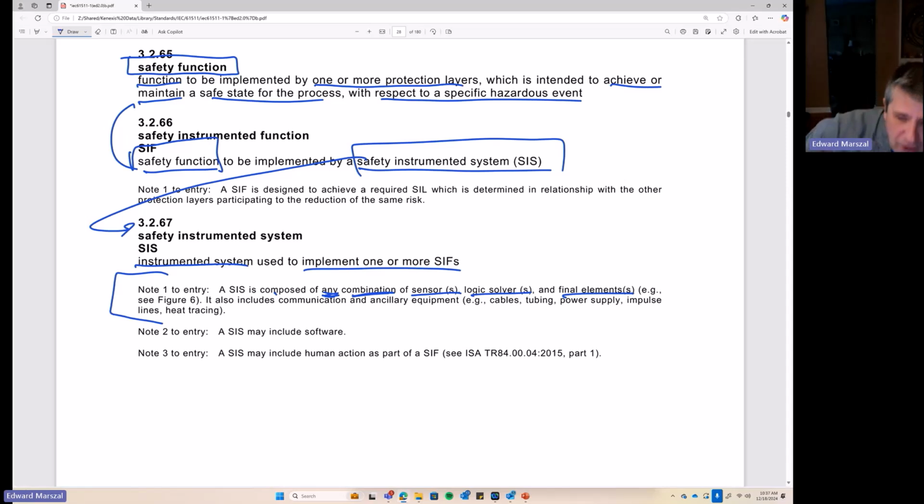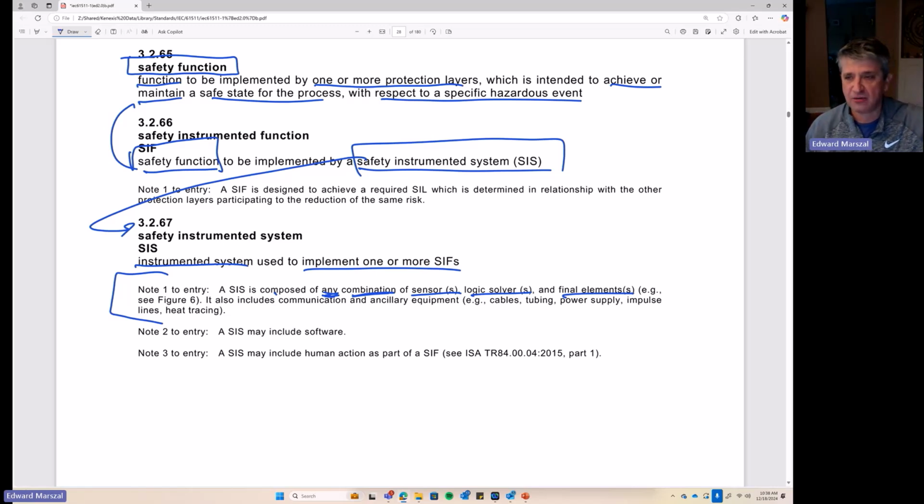Now, if you get a room of SIS professionals together, we are all going to agree that a safety instrumented function that I'm going to assign a SIL target to, that I'm going to design in accordance with 61511, is a completely automatic loop.